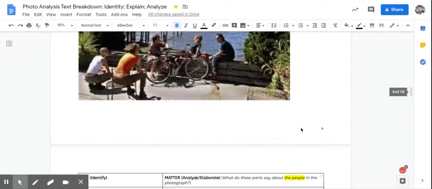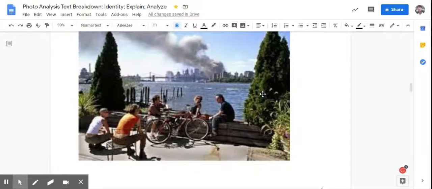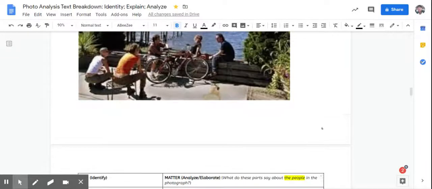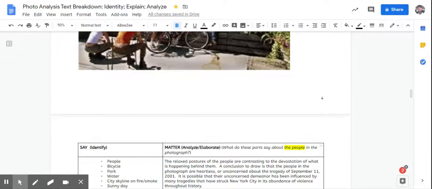I want to focus on the people because, yes, our eyes immediately go to the billowing smoke coming from the skyline, but what we really should be analyzing are these people, and their reactions to what is happening right behind them. So that's why we want to analyze what these parts in this text say about the people.